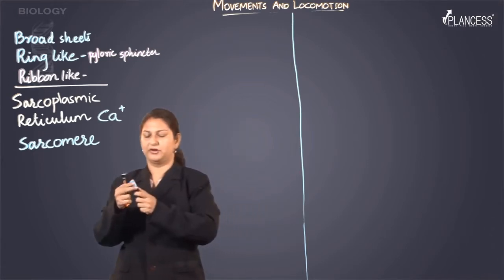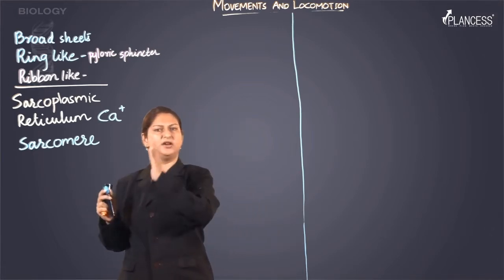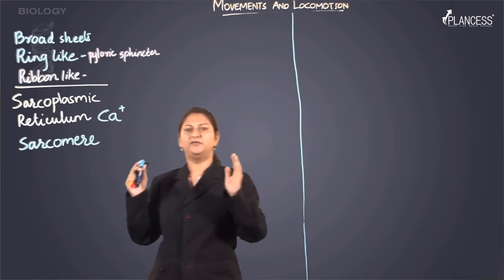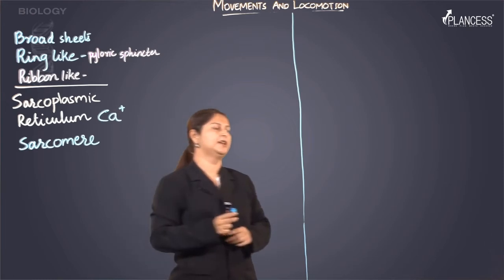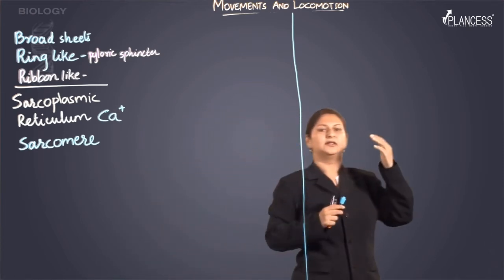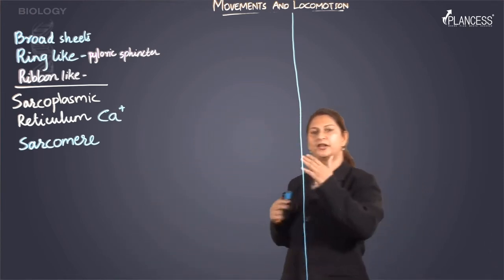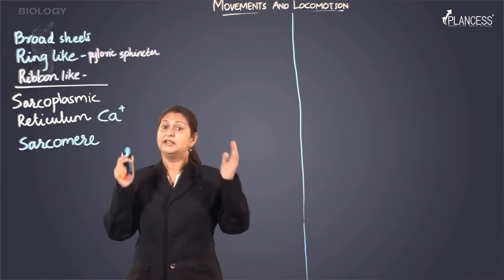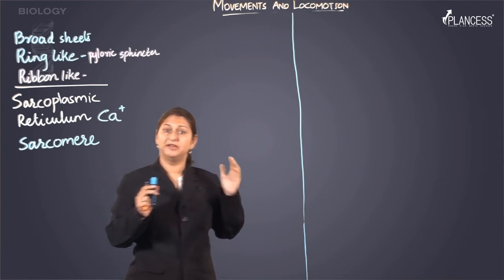The typical sarcomere has alternating dark bands and light bands. Now, when we say dark bands and light bands, there were German scientists working behind this, and they gave names as per the German language.